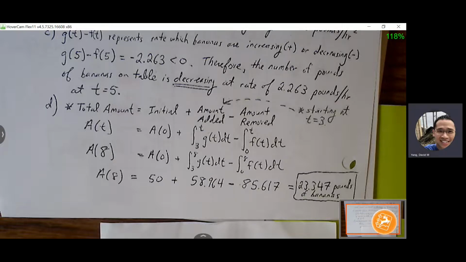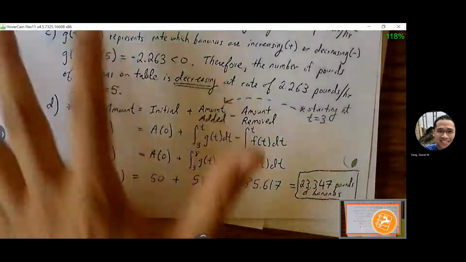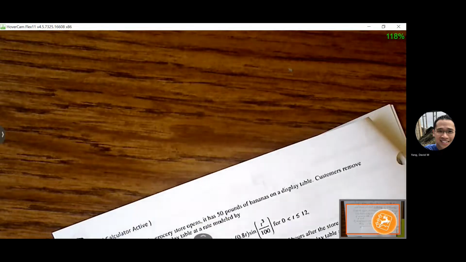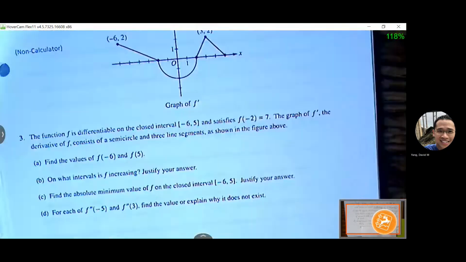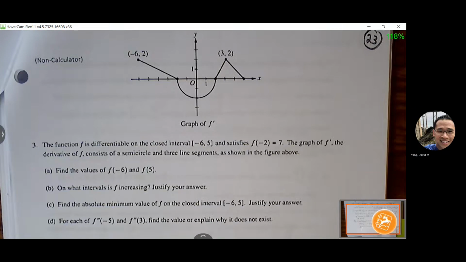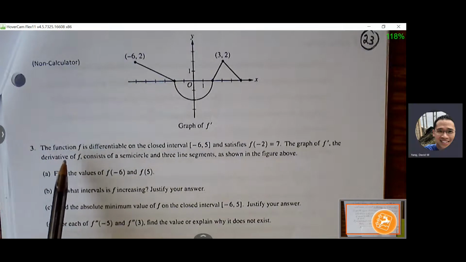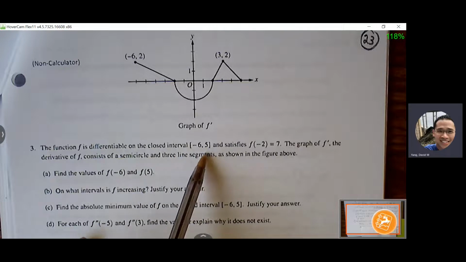Okay, number 3. The function f is a differentiable function on the closed interval from -6 to 5.